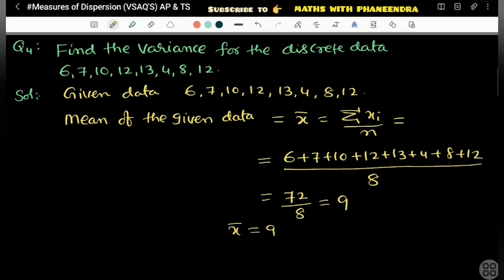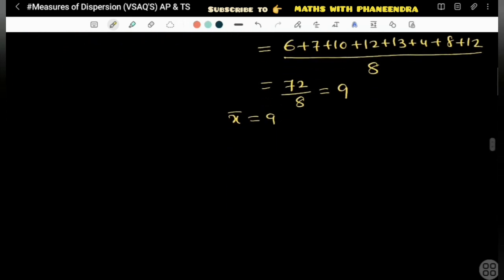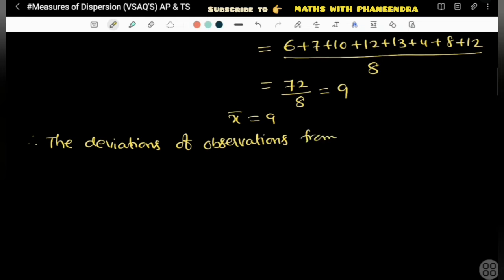After getting that mean, you can calculate the deviations. The deviations of observations from the mean.